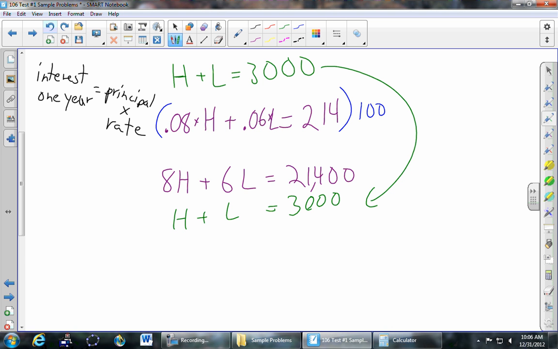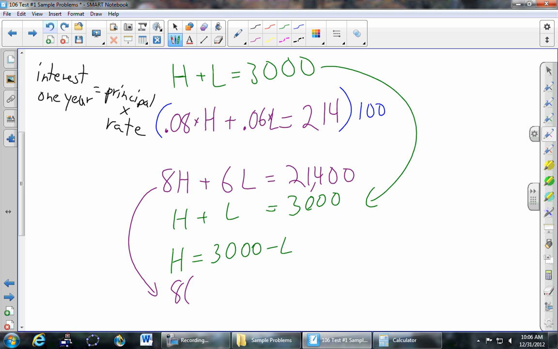So you can either use substitution or elimination. I'll go ahead and use substitution here. I'm going to solve the bottom equation because it looks easier to me. I'll solve it for H. You could just as well solve for L. So H is 3,000 minus L. And then we're going to copy the top equation, but instead of H, we're going to put this thing in green.